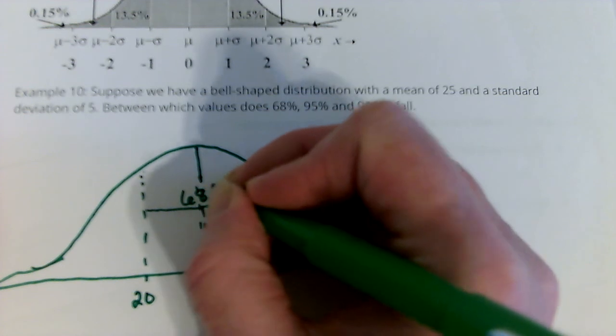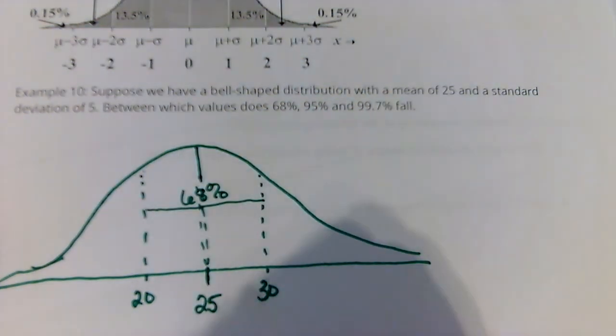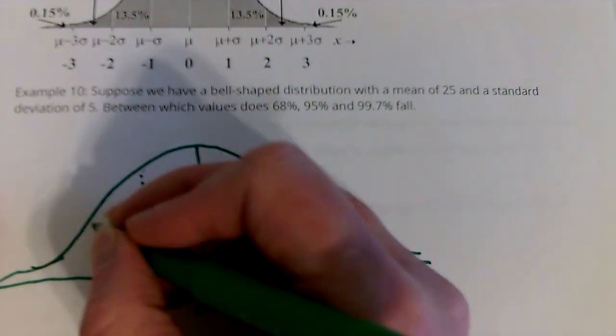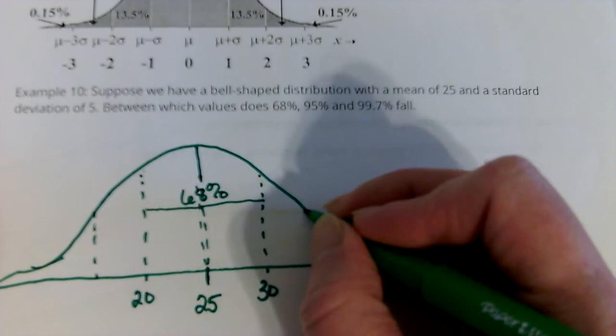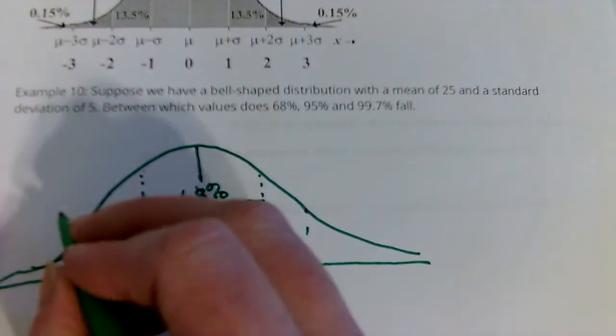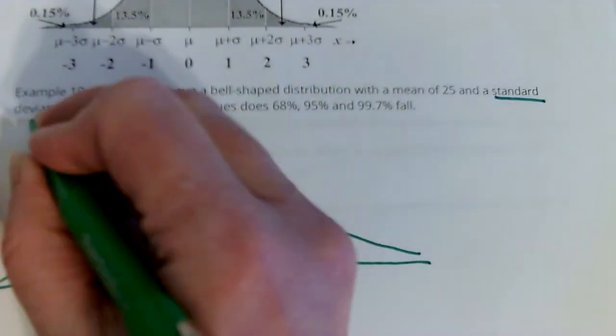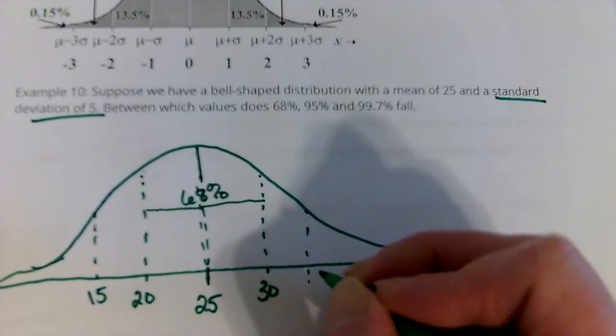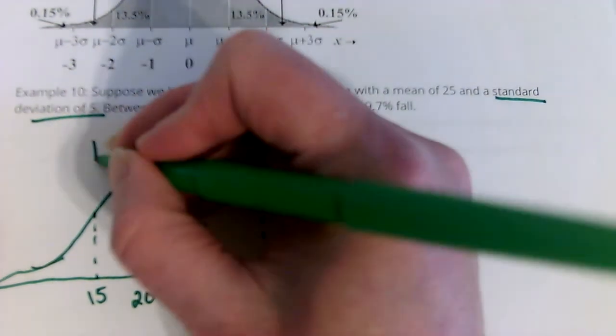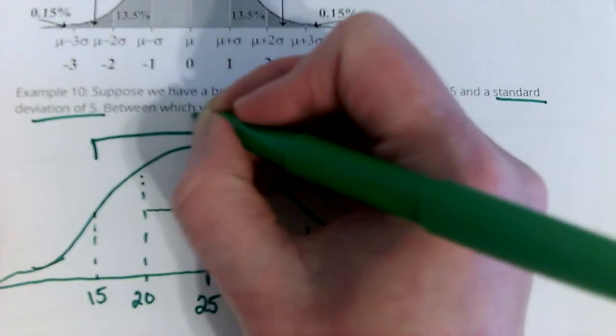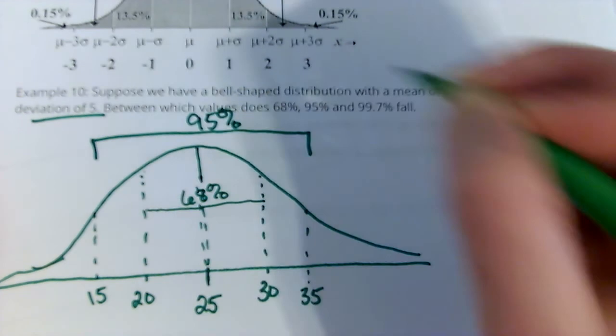68% of the data is right here. If I go out 5 and 5 more, standard deviation of 5, standard deviation of 5, this would be 15 and this would be 35. 95% is right here.